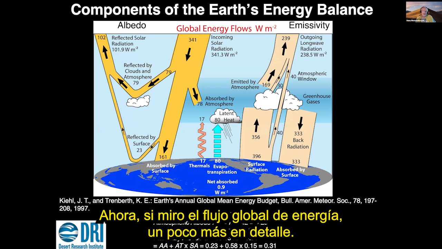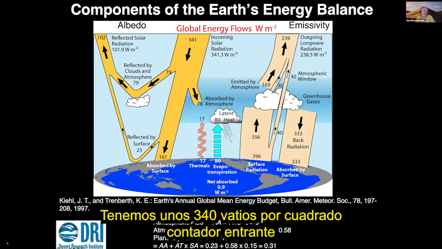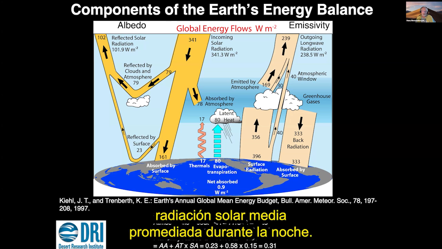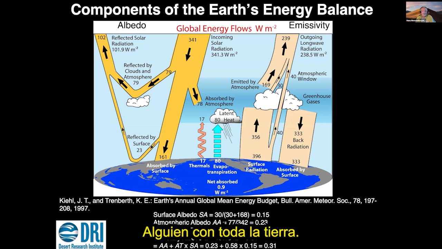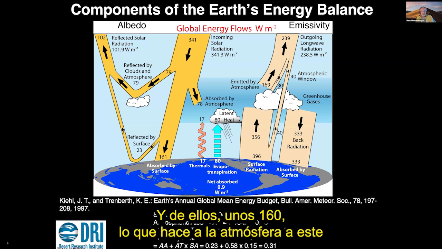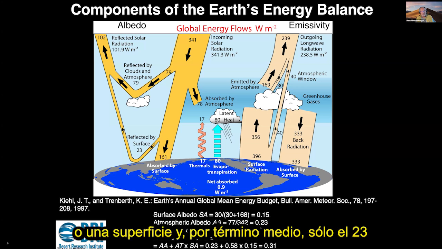Now, if I look at the global energy flux a little bit more in detail, we have about 340 watts per square meter incoming solar radiation on average, averaged over day and night, summer and winter, on the whole Earth. And of that, about 160 watts makes it to the Earth's surface.